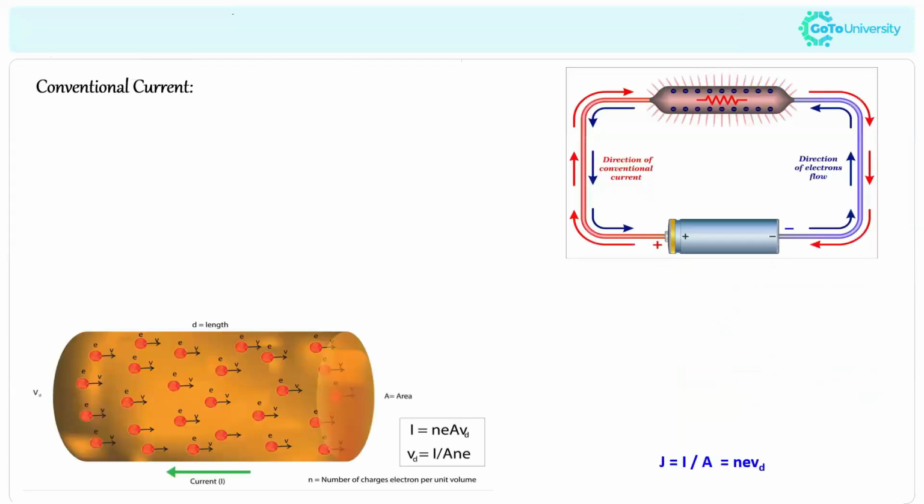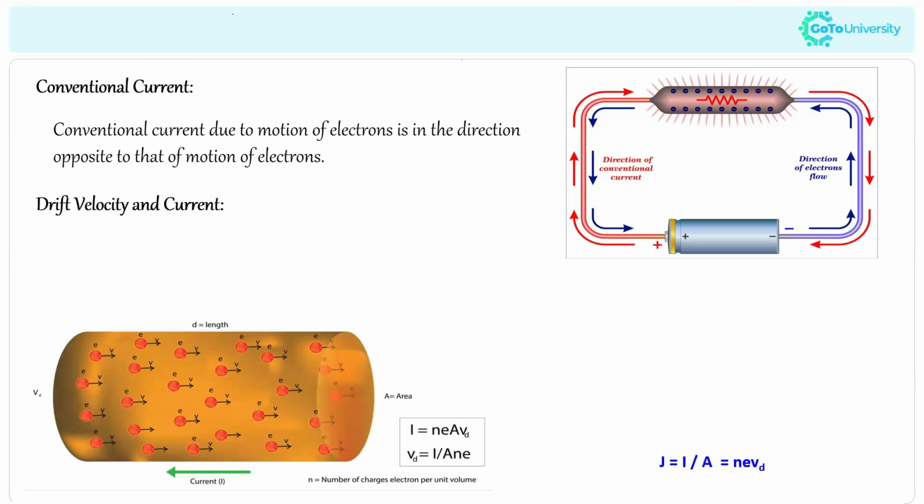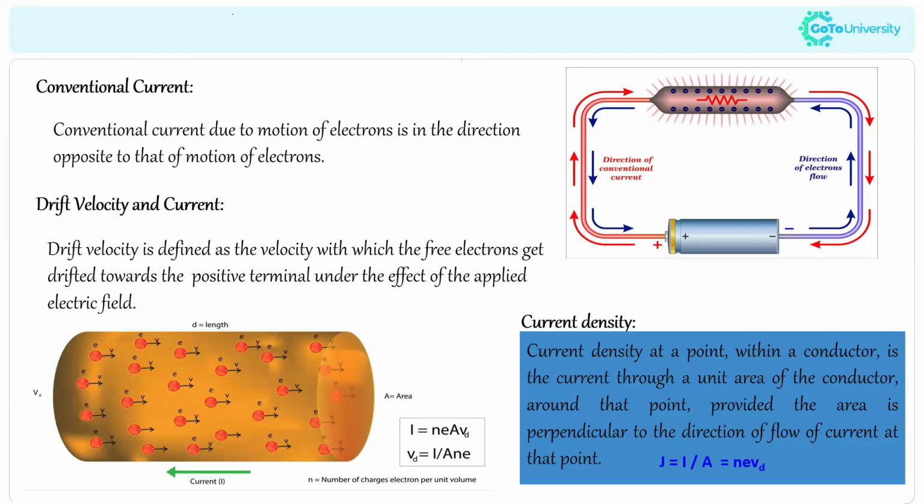Now we are going to study what is meant by conventional current. I said what is meant by current: the rate of change of flow of charge, or the rate of flow of charge.